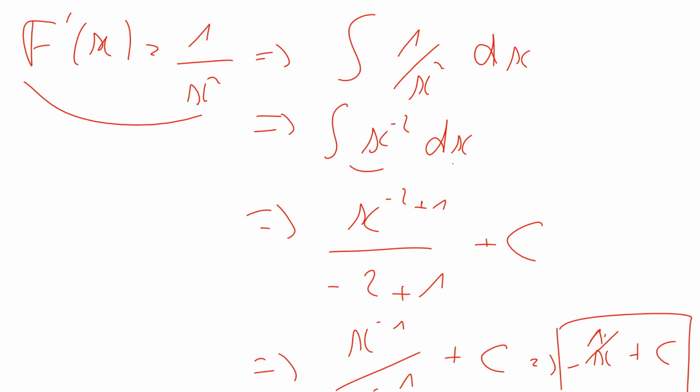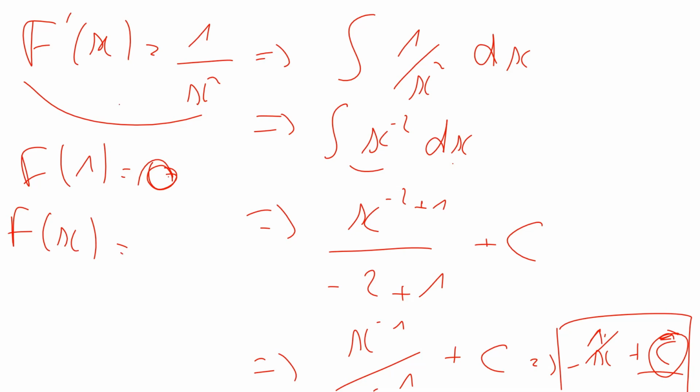Now we want to find a particular solution for the function. What I mean by that is that we will try to find this c here. To do that, we'll go back to the function, and then they said that f of 1 will be equal to 0, and f of x, we found that f of x is minus 1 over x plus c.